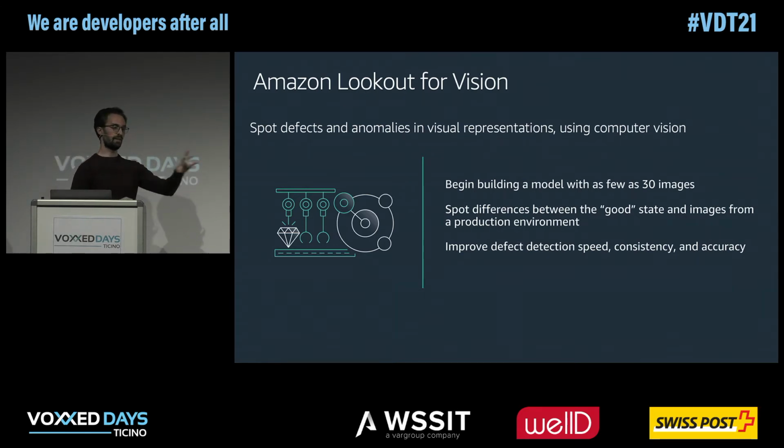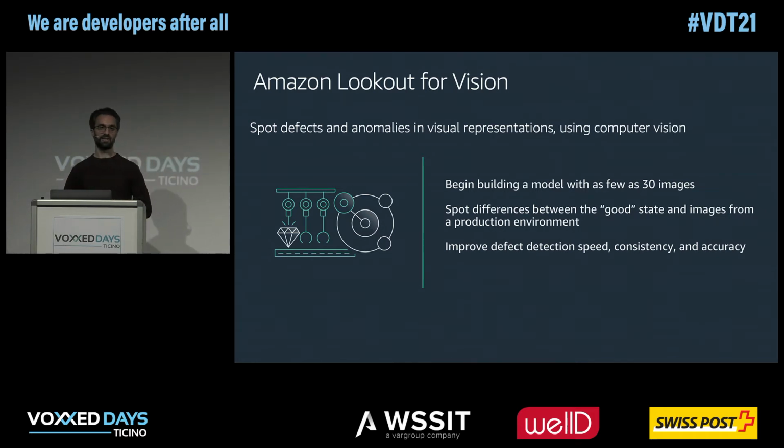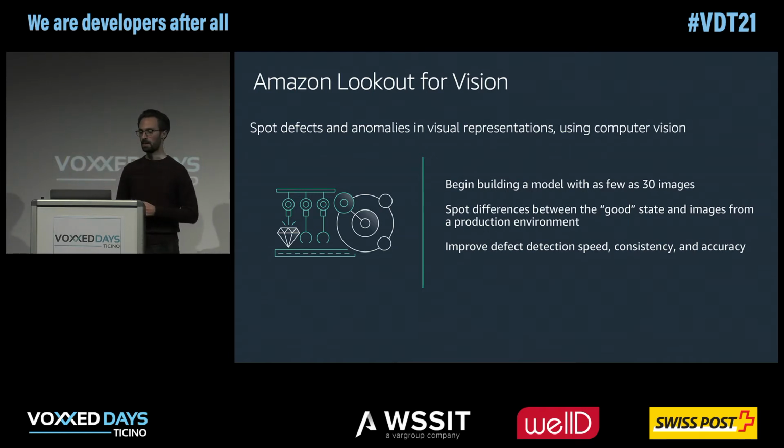You say these are normal images, these are anomalies, and the service will automatically learn the context and the business context, with as few as 30 or 40 images. If you're building your own deep learning model to do this kind of stuff, sometimes you need hundreds or thousands of images. So I think it's a good way to get started.